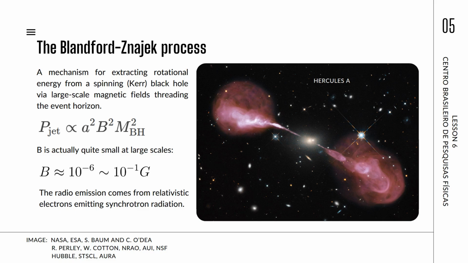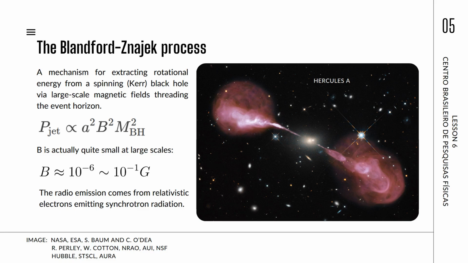Okay, so the power of the jet is proportional to the dimensionless spin parameter of the black hole. So it depends strongly on the rotation of the black hole, it goes as the square. It depends on the magnetic field, so the larger the magnetic field, the stronger is the jet, and it depends on the mass of the black hole. So this is already something very interesting.